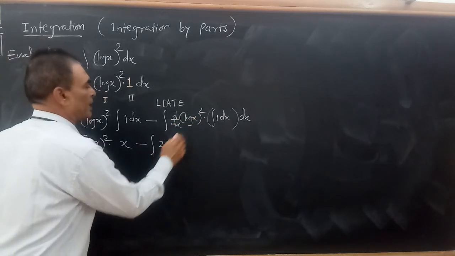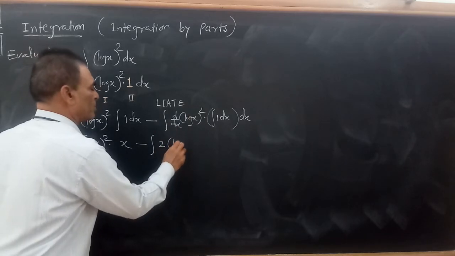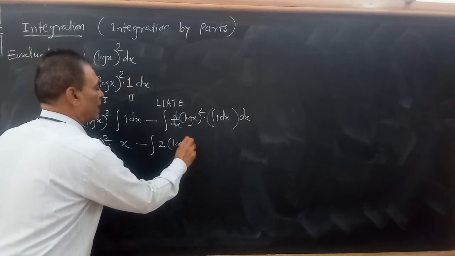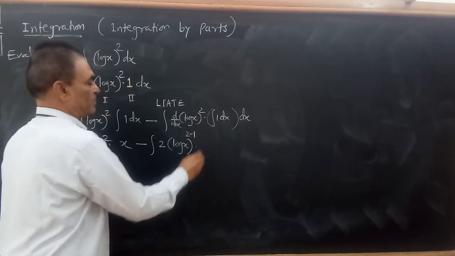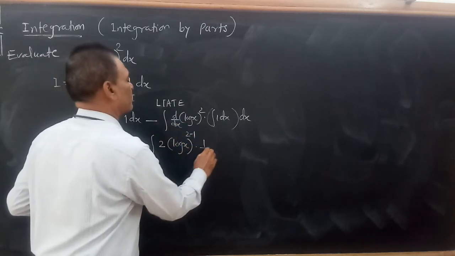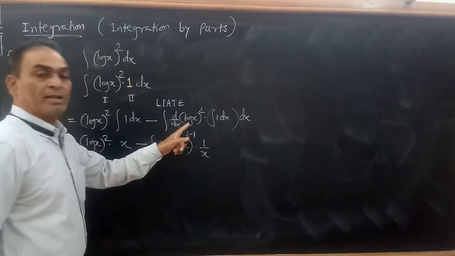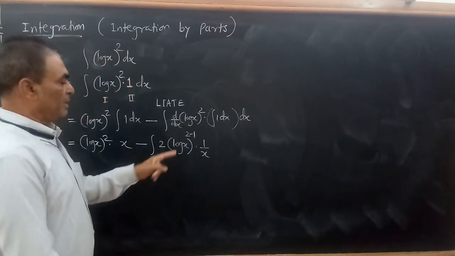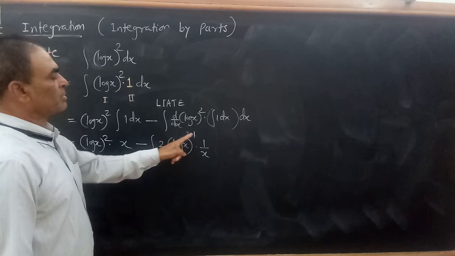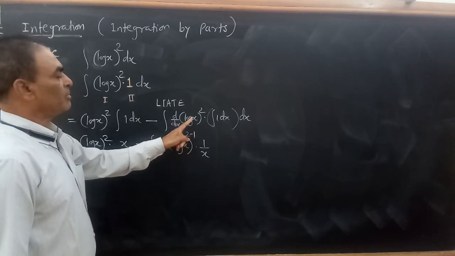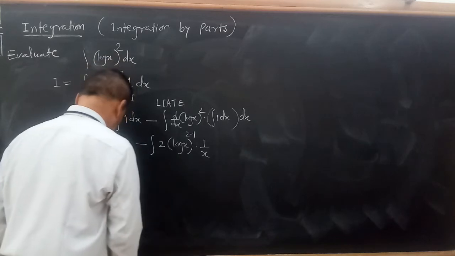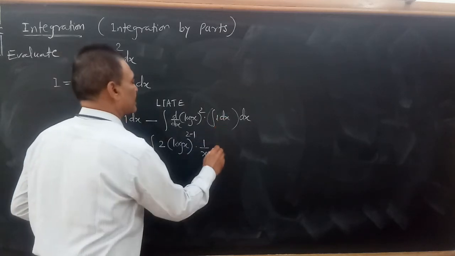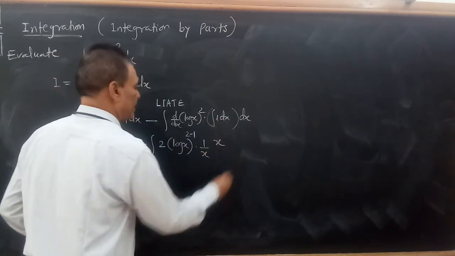Take the index in front: 2 log x raised to 2 minus 1 into derivative of log x, 1 upon x, composite function. What is integration of 1 dx? It is nothing but x into dx.